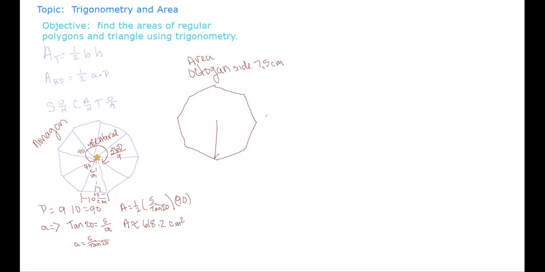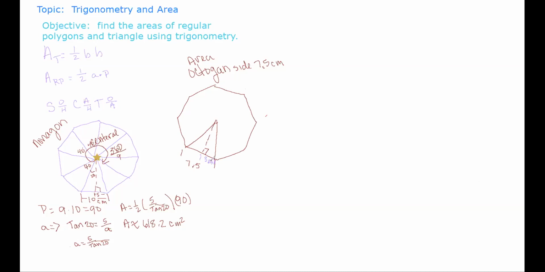So there's a radius, here's an apothem. And I know that the distance from here to there is 7.5, right? So the distance from here to there is 3.25, in case you can't read that.